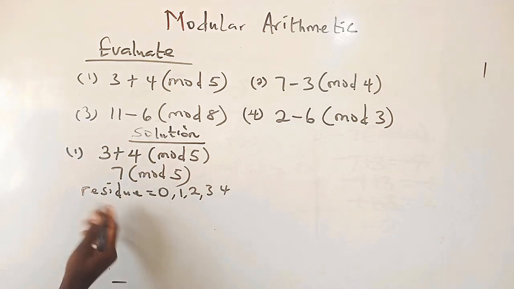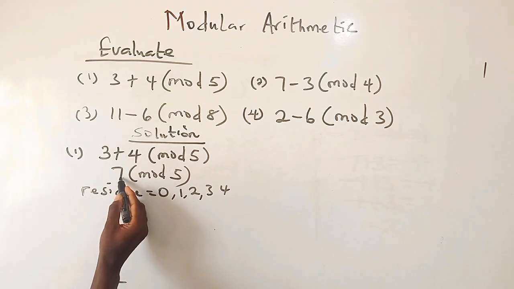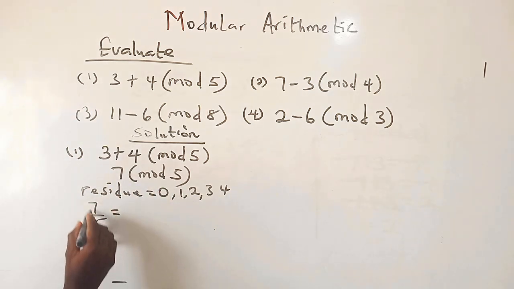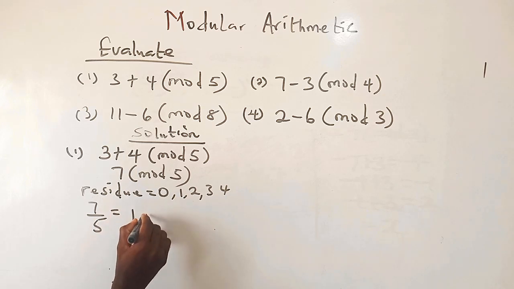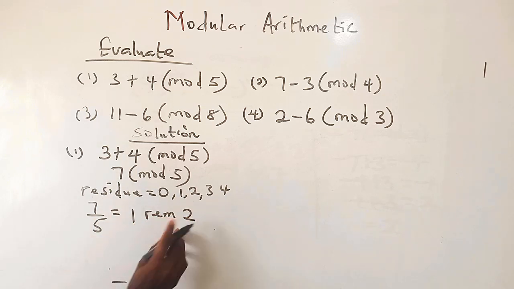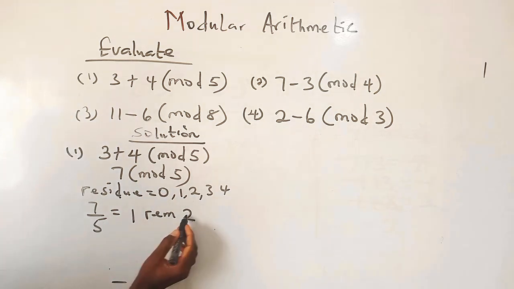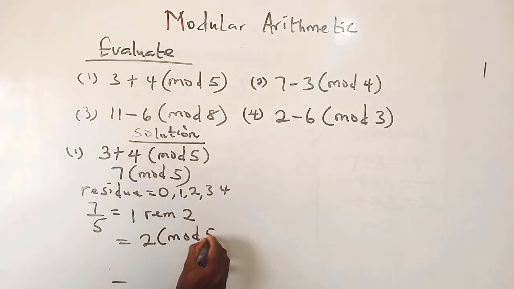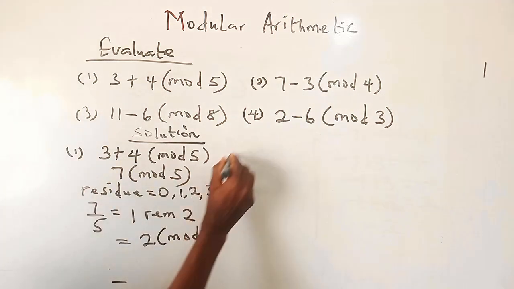Now what do we do next? We divide 7 by 5. 7 divided by 5 is 1, remainder 2. Since modular arithmetic deals with remainders, our answer here is 2 in mod 5. That's for the first one.